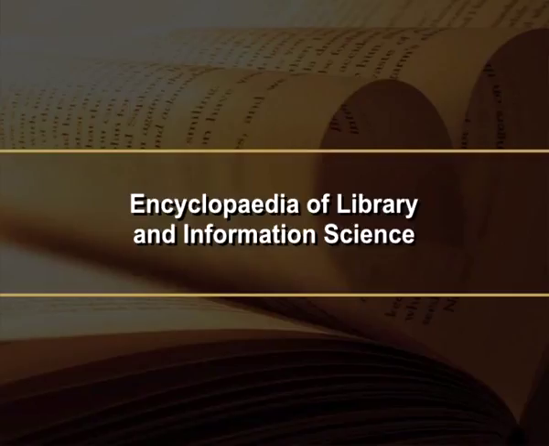Encyclopedia of Library and Information Science. It is edited by Alan Kent and published by Marcel Decker, New York. It is the first expansive and standard encyclopedia in library and information science. It is highly useful to librarians, information scientists, bibliographers, documentalists, system analysts, researchers, and students in this field.